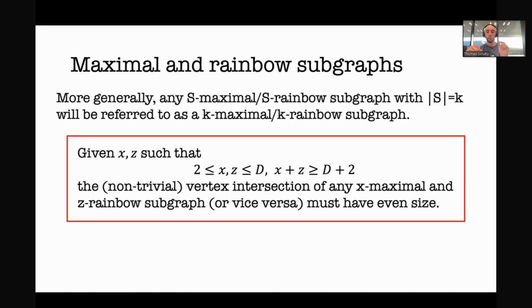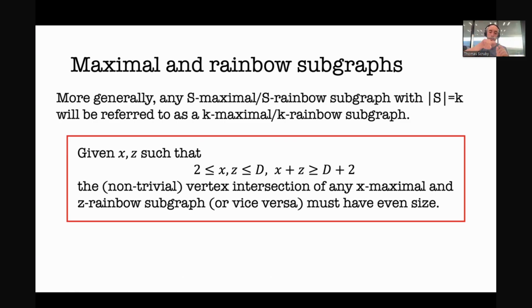And this means if they have one vertex in their intersection, I can look at this vertex. Because it's part of the Z rainbow subgraph, it must have at least one edge of this shared color coming from it, and then all edges of that color coming from it are part of the maximal subgraph.